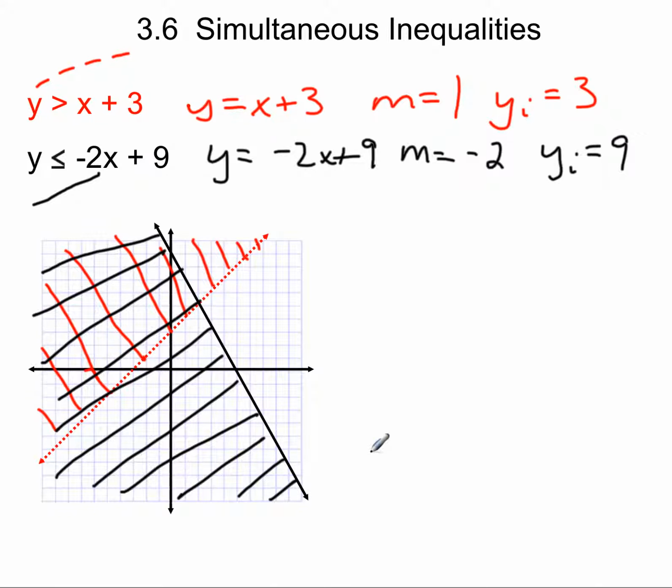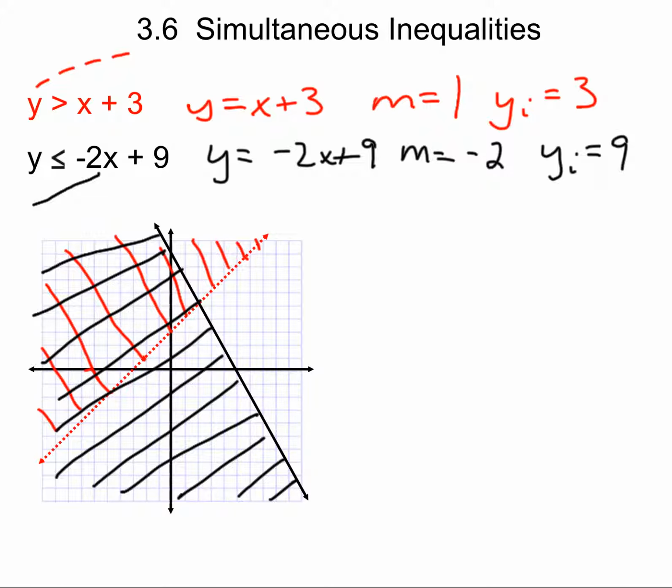And my solution set is going to be found at the cross-hatched region. Does anyone know what cross-hatched means? Cross-hatched region would be where you have shaded in two different directions. The nice part about our graph is that I used two colors, so where it's the black and red region.